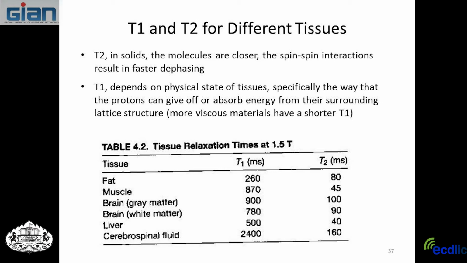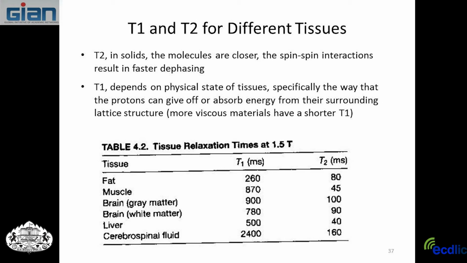So if they're not packed together as tightly, they can go back into that magnetic field more quickly. Does that make sense? So they're trying to line back in the field, and if they're not packed in a tight lattice, they do it much more quickly than something that would be atoms that are packed together.